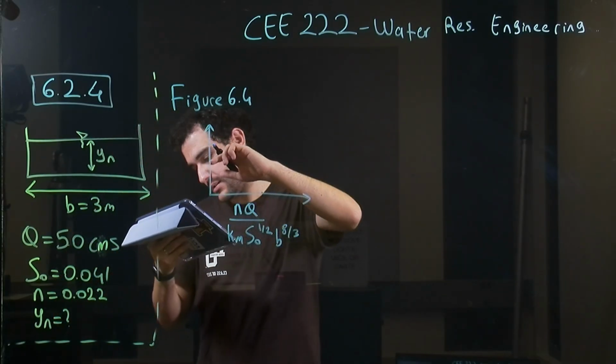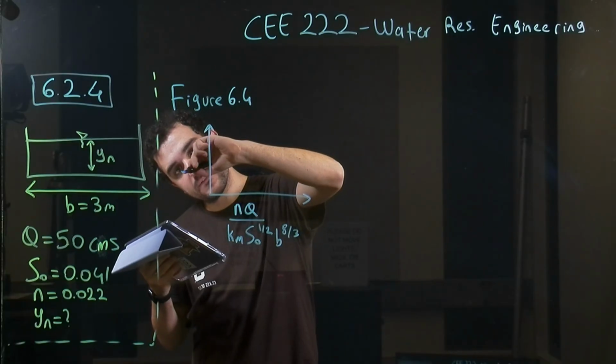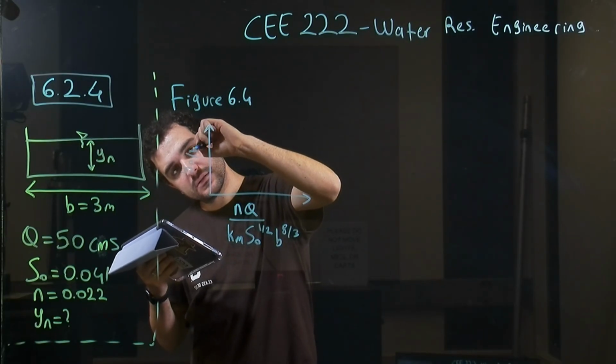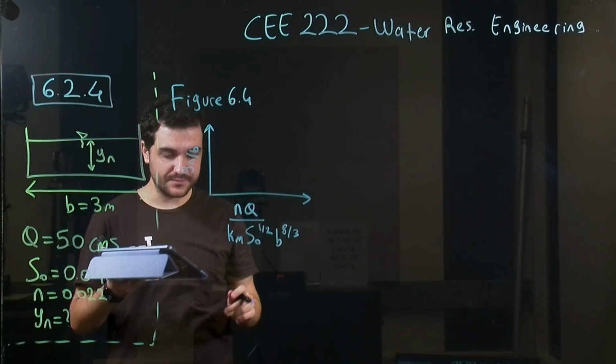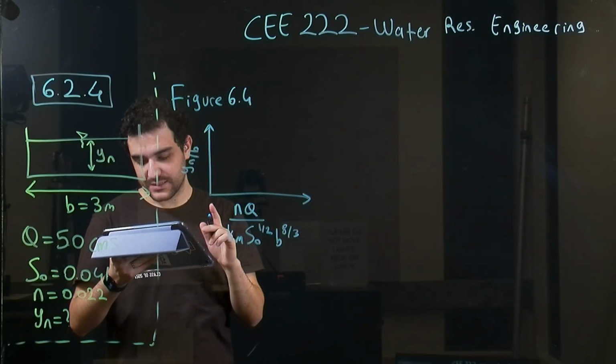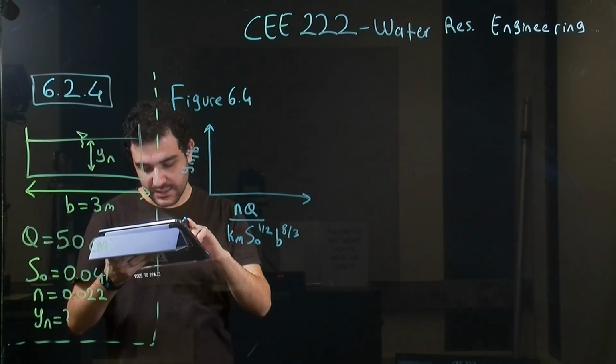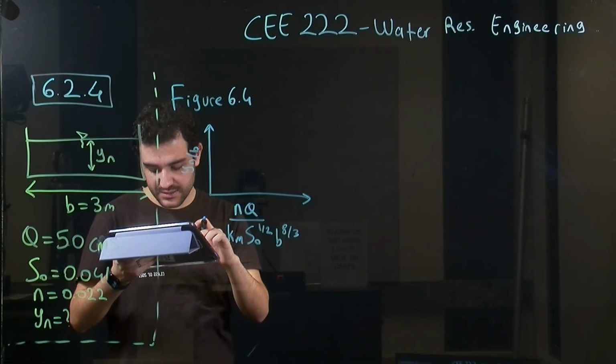And on the y-axis, we will have normal depth over the width of the channel. So this is actually for trapezoidal channels.